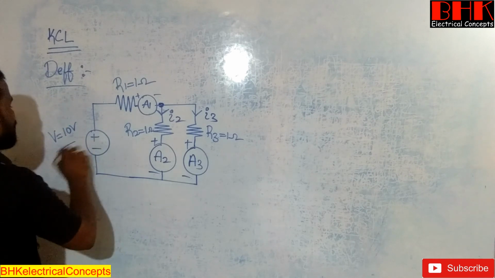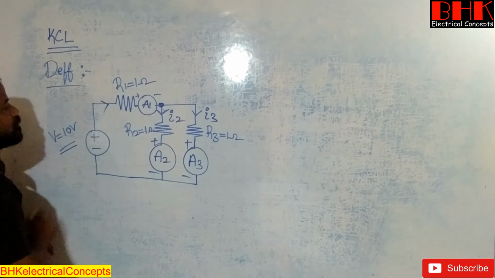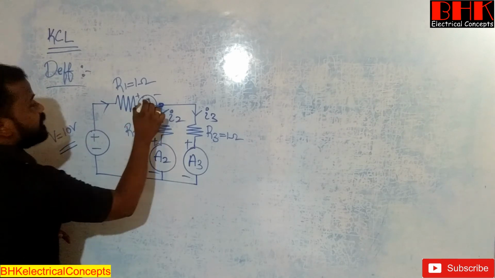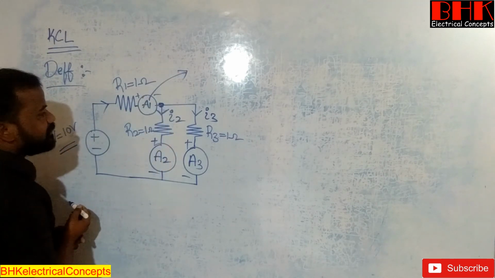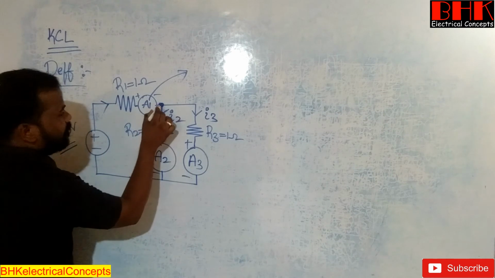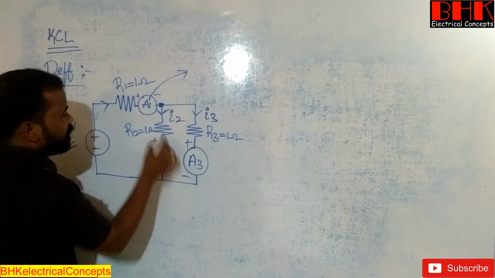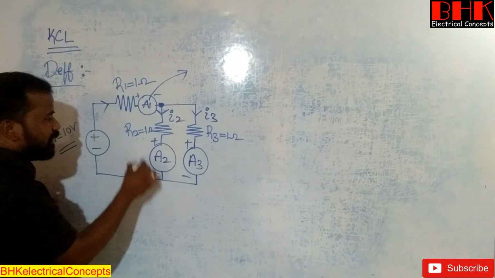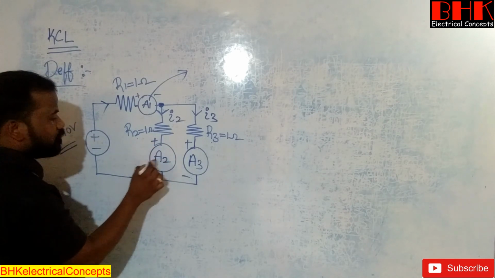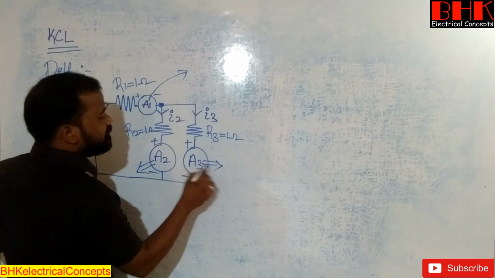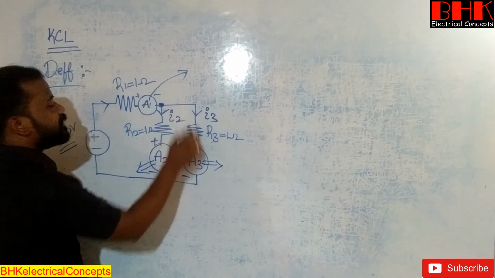Clear? So by applying voltage, some amount of current will flow, and this amount of current is the total current flowing in the circuit. It will be shown by the A1 ammeter. After this junction point, current will flow in R2, current will flow in R3. A2 will show the value of current flowing in R2, and here also the same, A3 will show the value of current which is flowing in R3.